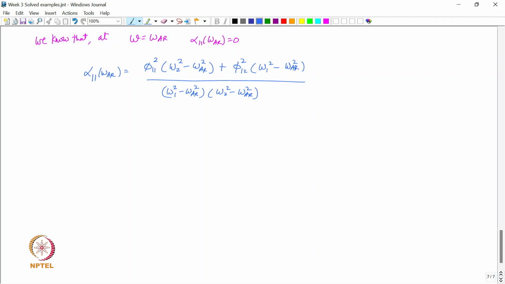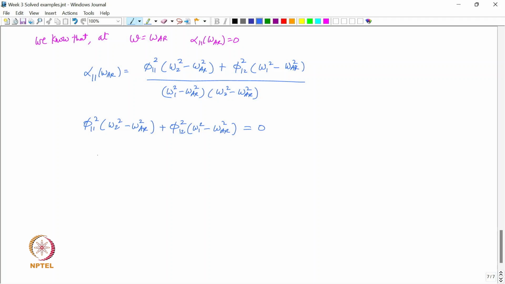So, therefore, we essentially can say that phi 1 1 square into (omega 2 square minus omega ar square) plus phi 1 2 square (omega 1 square minus omega ar square) is equal to 0, correct.